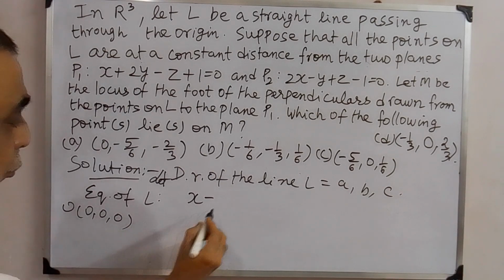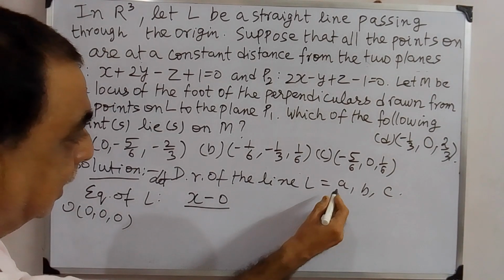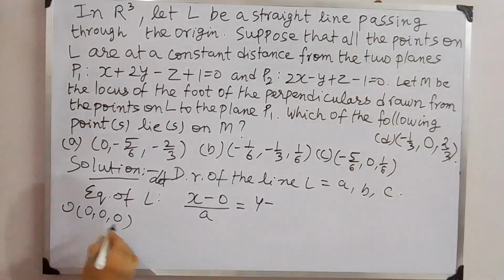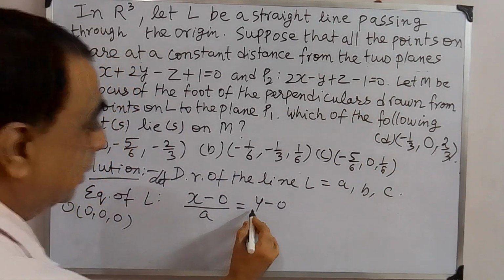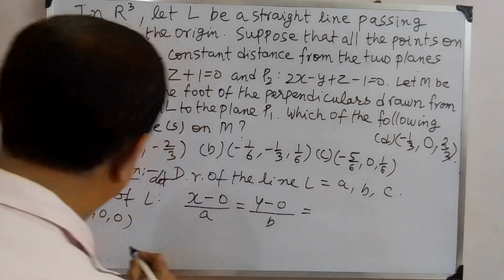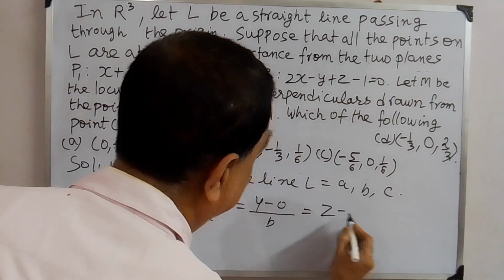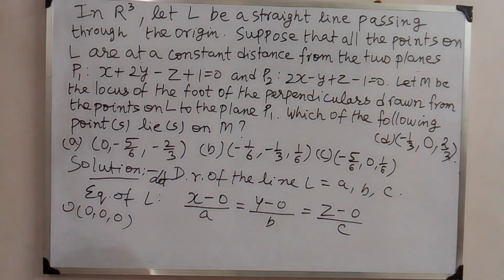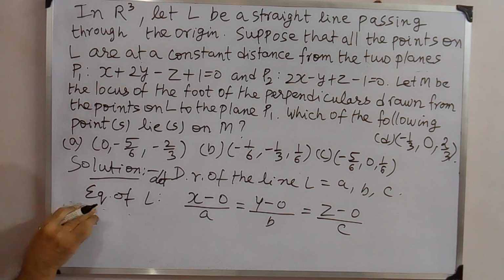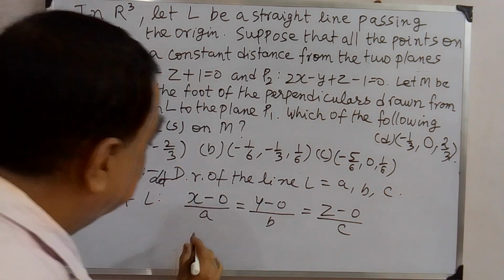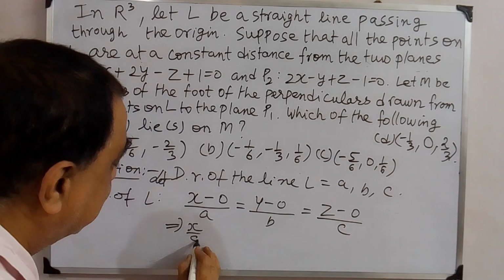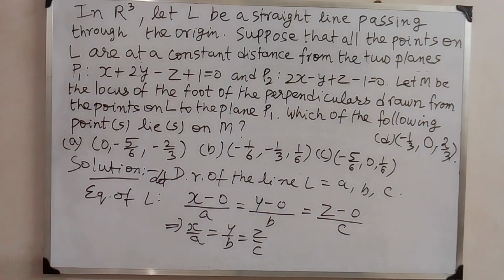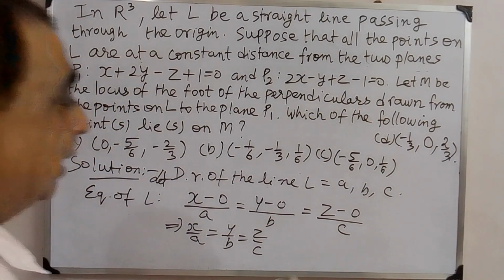So x minus x1, where x1 is 0, divided by A, equals y minus y1, which is 0, divided by B, equals z minus z1, which is 0, divided by C, where A, B, C are the direction ratios of the line L. So this becomes x by A equals y by B equals z by C.